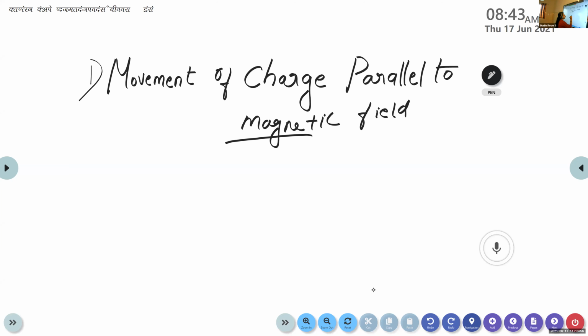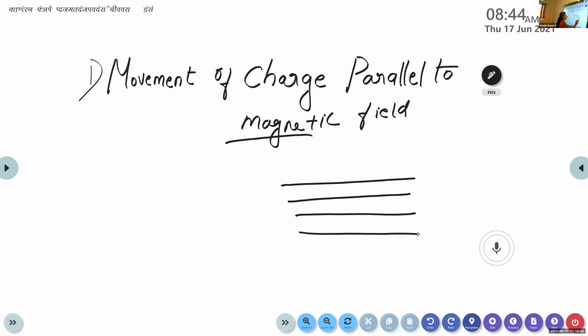For that, first of all, we consider a uniform magnetic field. And suppose a charge Q with velocity V enters into this magnetic field.